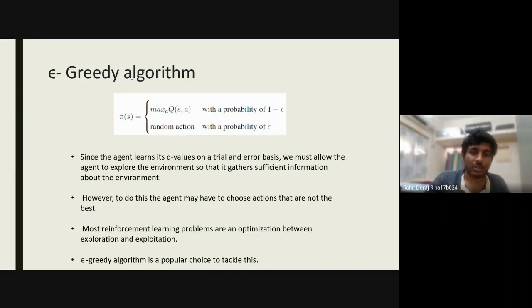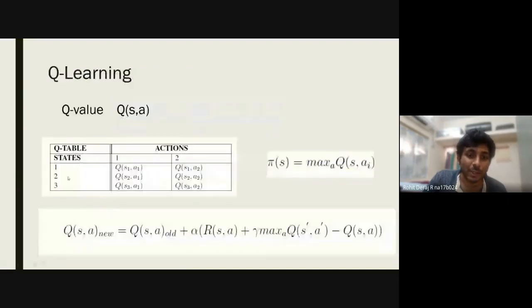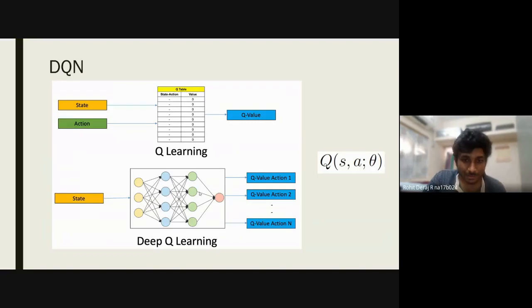So the problem with Q learning is that you have to maintain a Q table with many Q values, and also the state space is discrete, unlike all the real life problems that we face. So Q learning is just a model example, and it's not in many cases used to solve real life problems. So next we go with DQN.